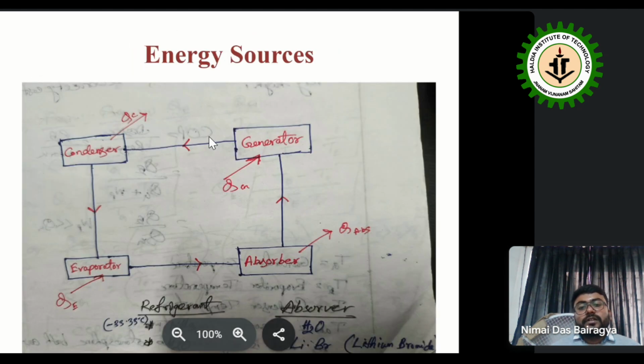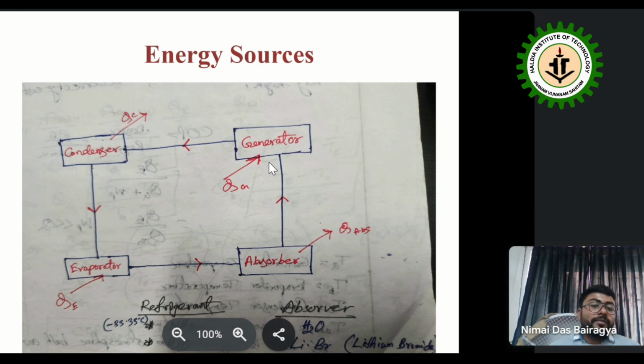So here is the diagram of energy sources. We can observe that there are four energy sources. At first, the evaporator. We said previously that in the evaporator it absorbs heat, that's why this type of symbol can denote it. The evaporator absorbs heat. Next, the absorber rejects heat. Next, the generator.